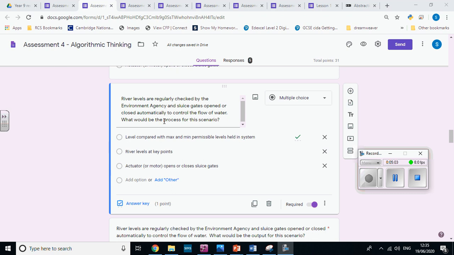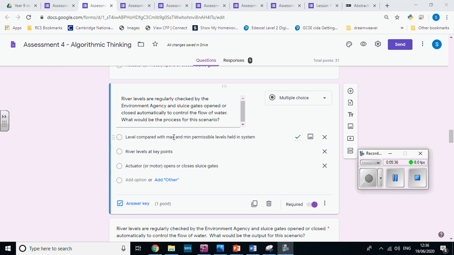The gates opening, that's an output. That's going to be the result of our program. It's going to either open or close those gates. So the process, it would need to compare. It would look at that level and compare it with maximum and minimum permissible levels.